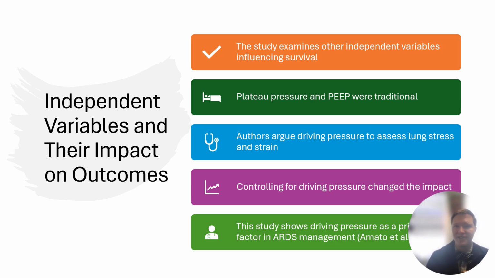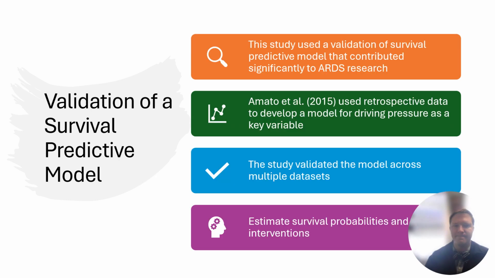It's under the stress of breathing. So high plateau pressures and low compliance were associated with worse outcomes. But when they controlled for driving pressure, their impacts significantly diminished. So this ultimately underscores the primacy of looking at driving pressure as the modifiable risk factor in ARDS management.